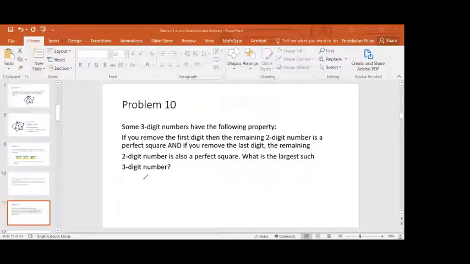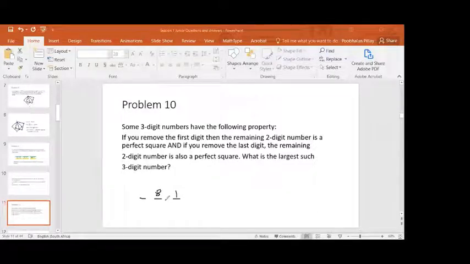All right, so let's see now. For example, you got a three-digit number, and if this is taken away, you got a perfect square. In other words, you have a two-digit number which is a square, like for instance, 81 is an example of a perfect square.